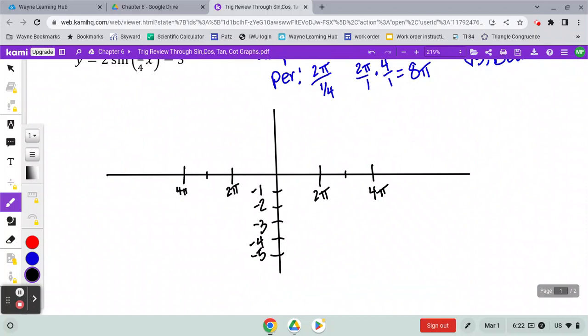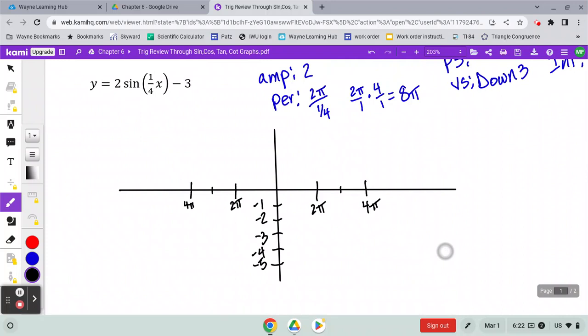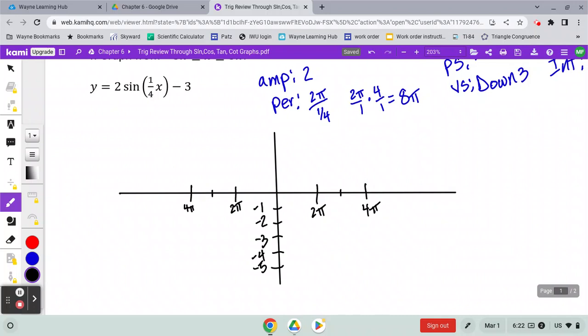So because of this, if you think about it, from -3 pi to 3 pi, that's only a distance of 6 pi. That's less than 1 period. So it'll look a little funny for us, some of us might think. But keep in mind, when you graph sine, normally you start, right, if there's no phase shift, on the y-axis. So if I put a point here, 0, then 1 is one amplitude above.